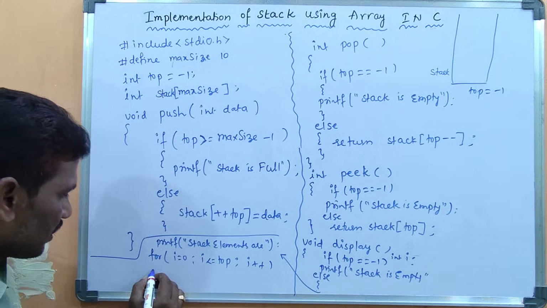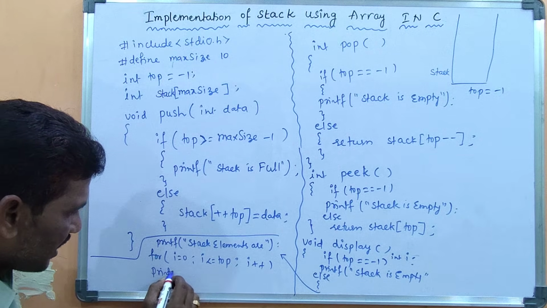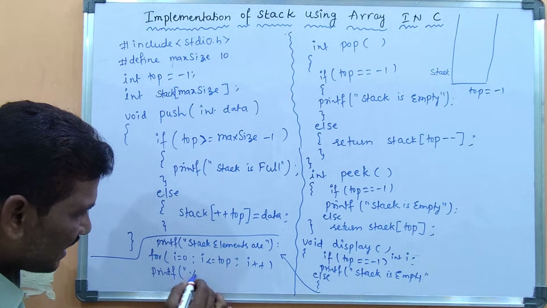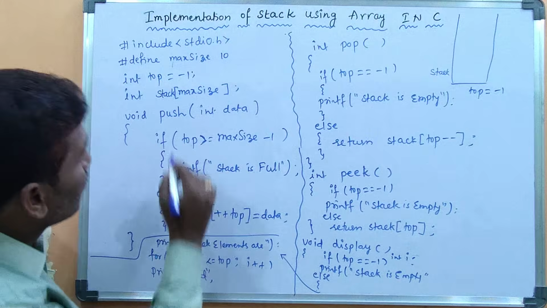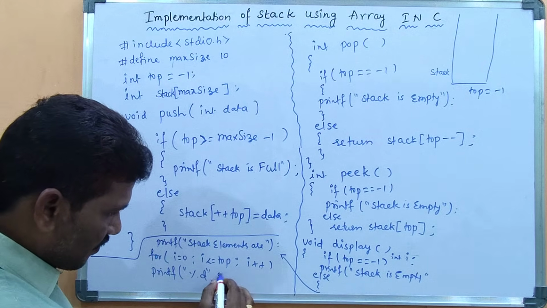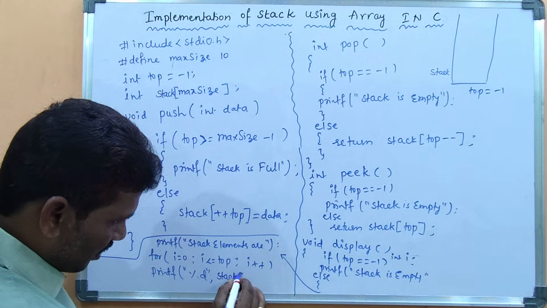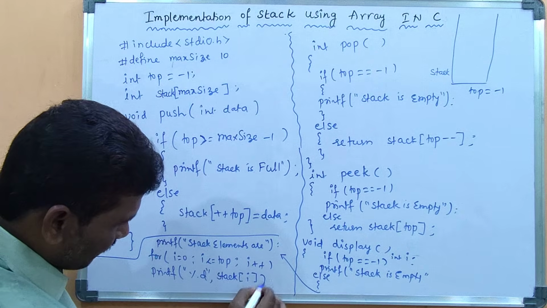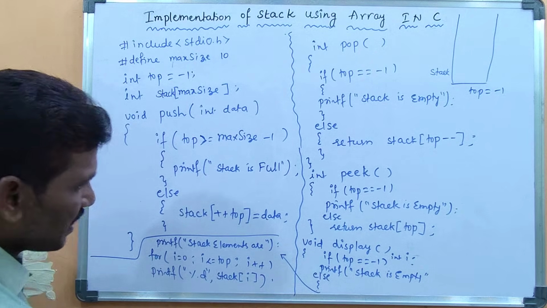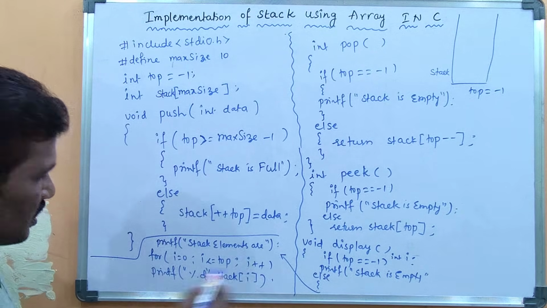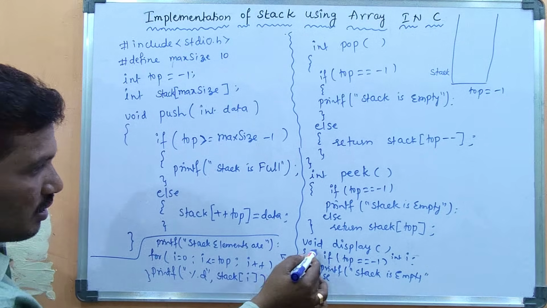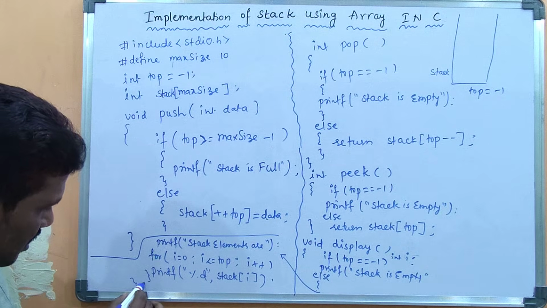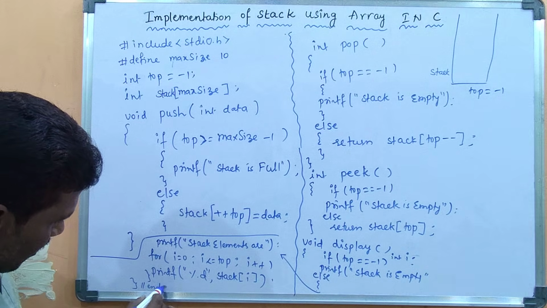Then printf %d, stack of i. Then the display function's else will be closed here, then the display method ends.